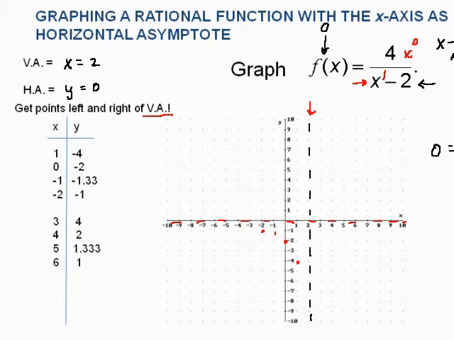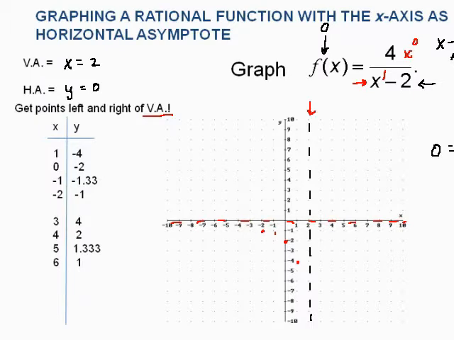If you can get a point here for x, that's where it will cross that horizontal asymptote. But since this top number is always a 4, there is no number that will solve this equation. In order for that to be 0, there would have to be something in the numerator that would come out 0, and it's not going to happen. So this graph will not ever cross the HA, but we will see examples where there might be places where graphs will cross it.